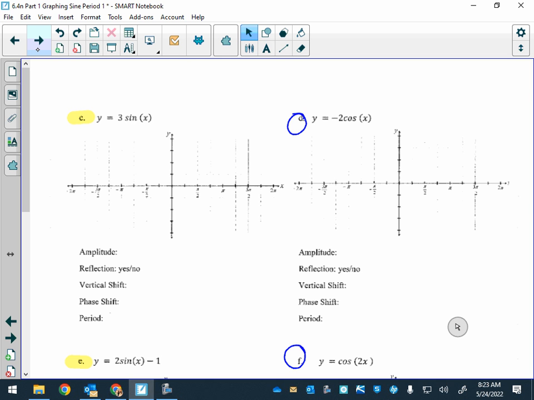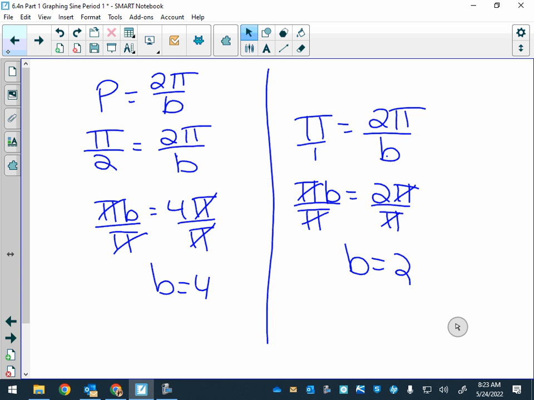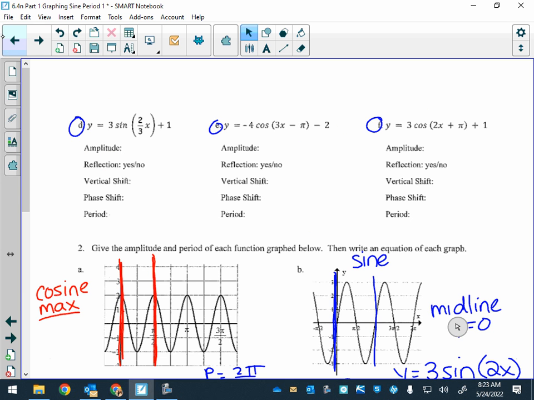You're identifying it, you're not graphing it. So, like E, you're identifying. The phase shift means left or right. Good point, thank you, Camilla.